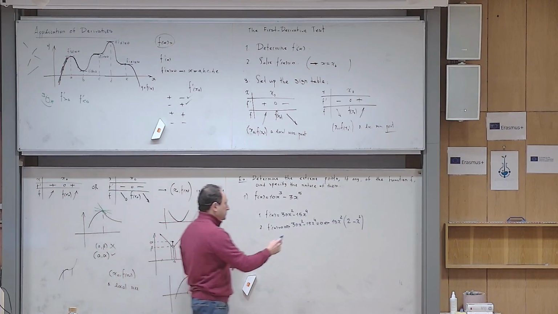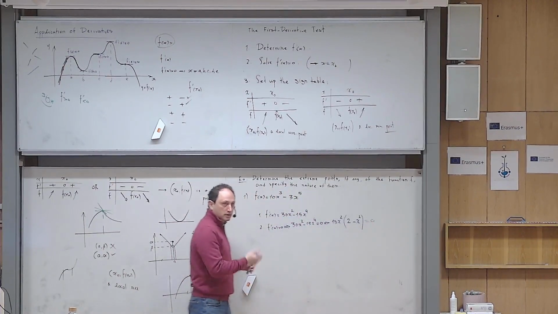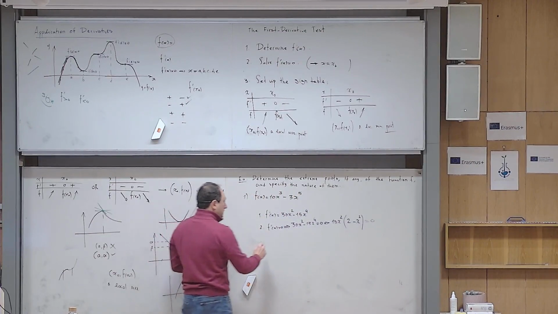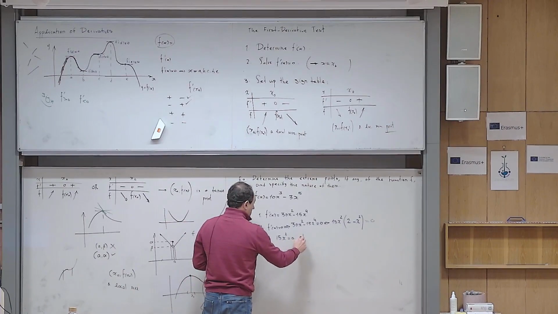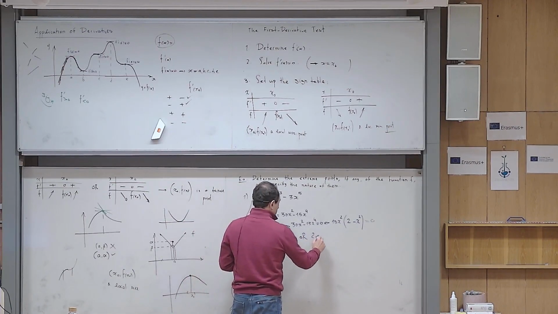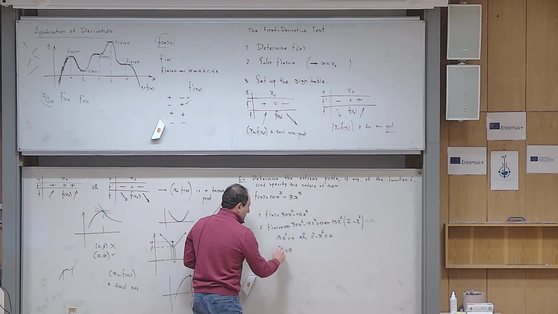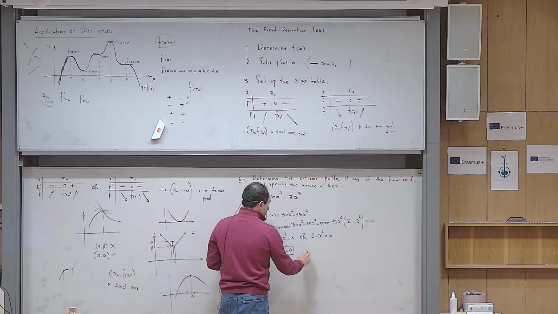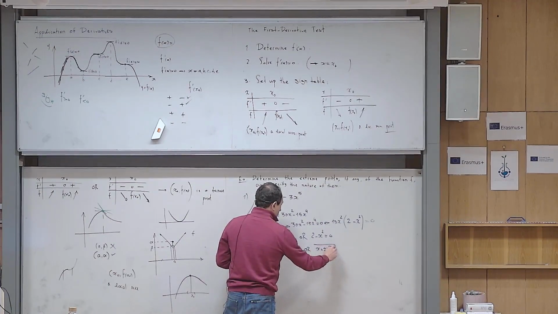And then equate it to 0. But this is the product of two numbers, which is supposed to be 0. It means that either the first one is 0 or the second one is 0. This means that x is 0. There are two answers here. What are they? Plus or minus the square root of 2.